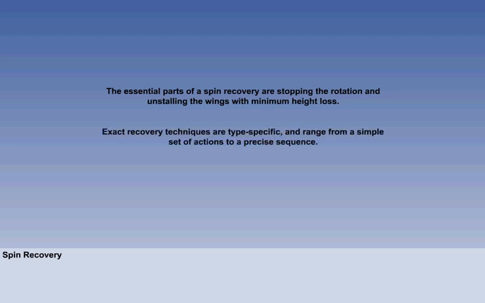So there can be no universal spin recovery procedure for all aeroplanes, but there will be elements common to most. The recommended recovery for some types involves simply reducing power to idle and centralizing all flying controls or relaxing any pressure applied to them.